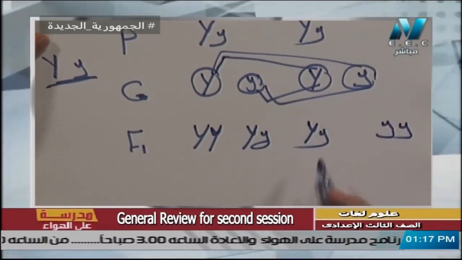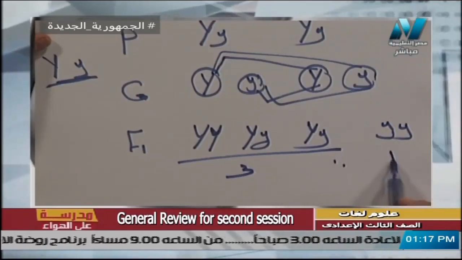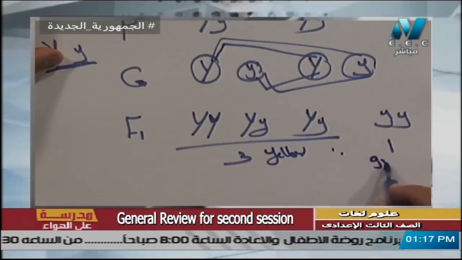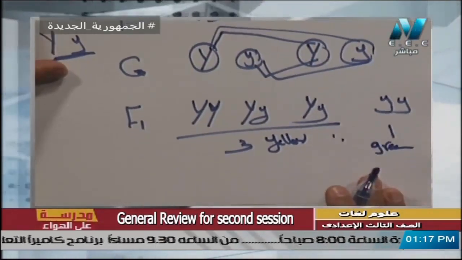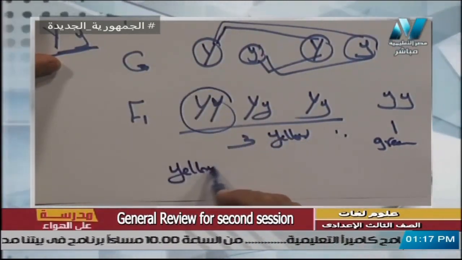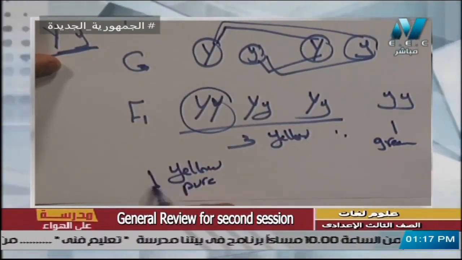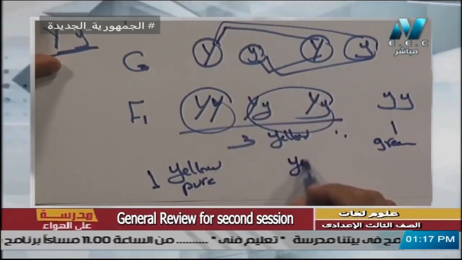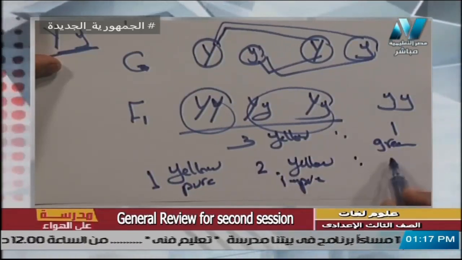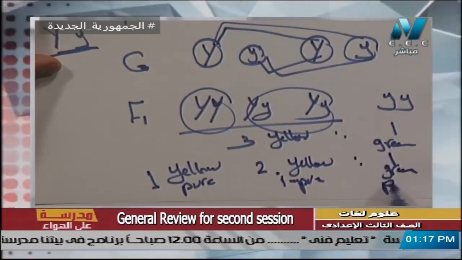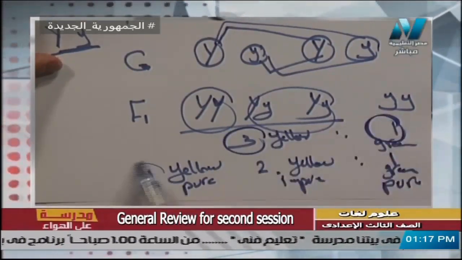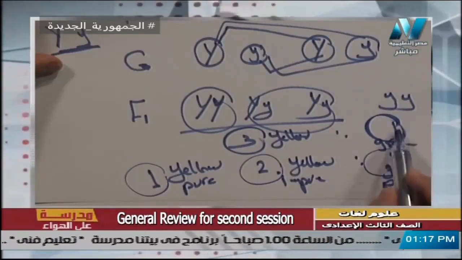The ratio will be what? Will be 3 to 1. هنا كانوا 3 yellow زي ما قال ماندل بالظبط و1 green. ممكن نقول الريشيو بشكل more accurate، فيه دقة أكتر شوية. ده yellow بس pure يبقى 1، والاتنين دول yellow فعلا بس impure أو hybrid يبقى 2، وده 1 green زي ما هو green recessive pure. يبقى الريشيو ممكن تكون 3 to 1 or 1 to 2 to 1 والاثنين are right.